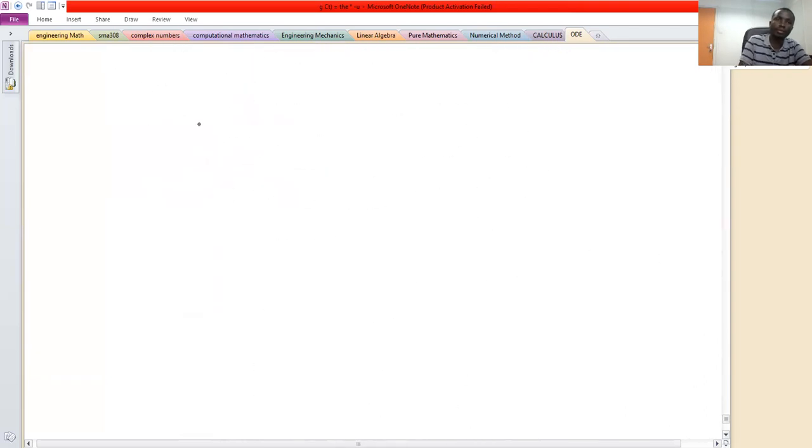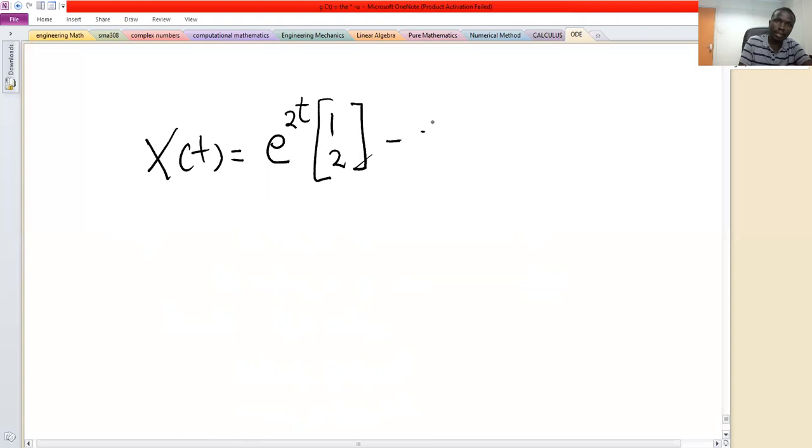So the solution will be x of t equals e raised power 2t into (1, 2) minus e raised power minus 6t into (1, minus 6).